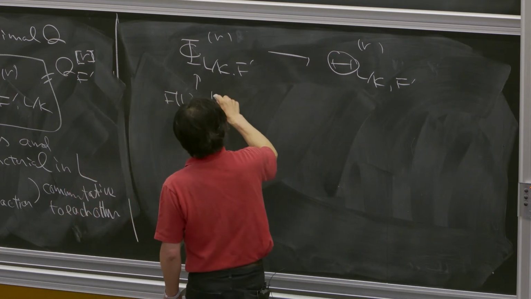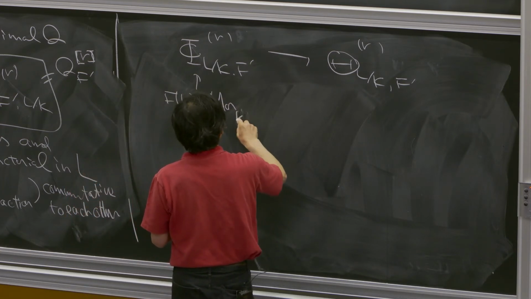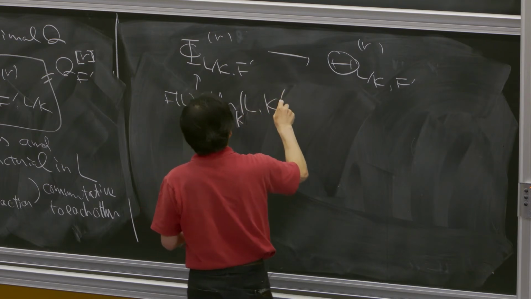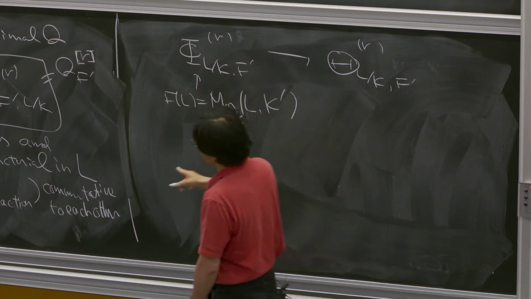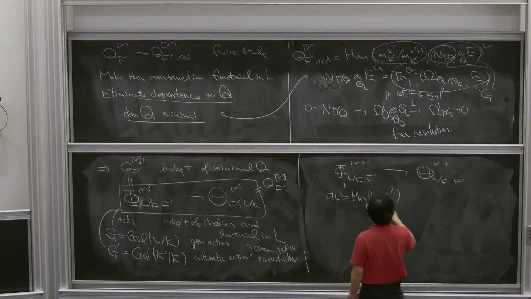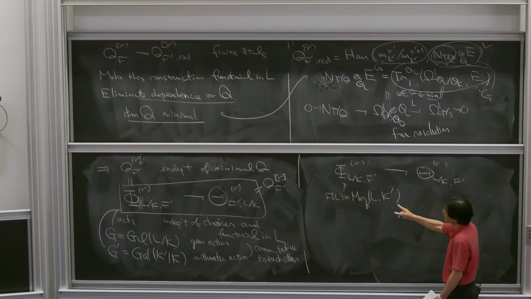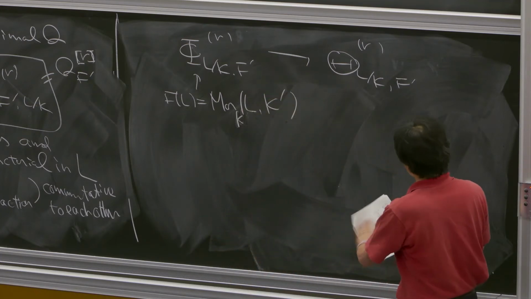So this is the set of motions. And also here we have action of G and G prime here. And also the action is compatible with this.